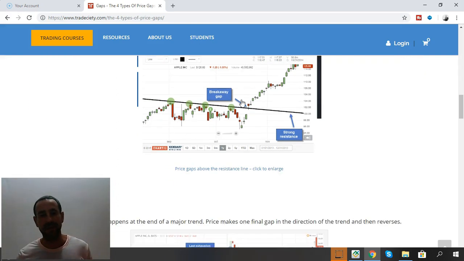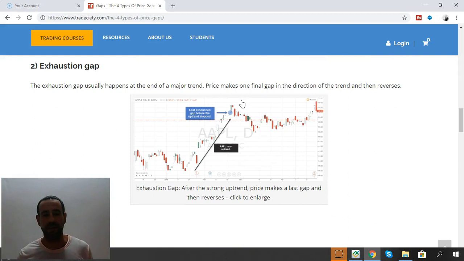Now, here is the gap that I have huge respect for, and I work with on a very daily basis, guys. This is the exhaustion gap. It is like the reversal gap, if you will. This gap will help you pinpoint a potential reversal in price, right?